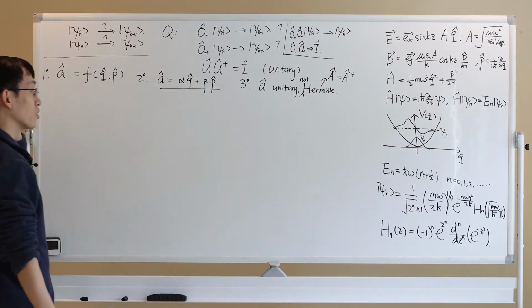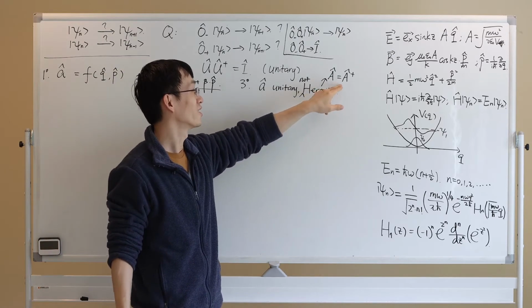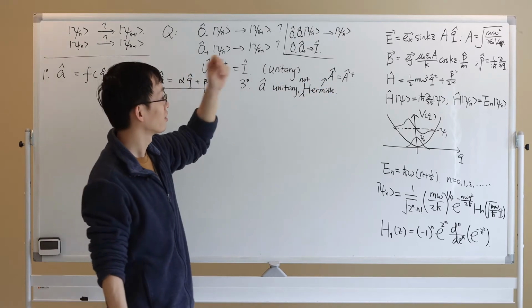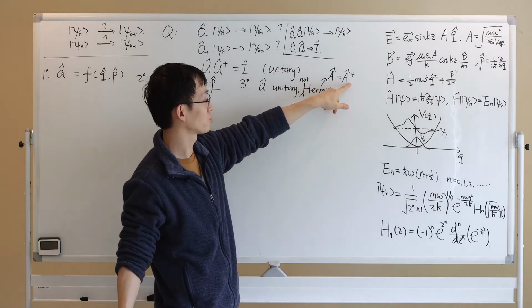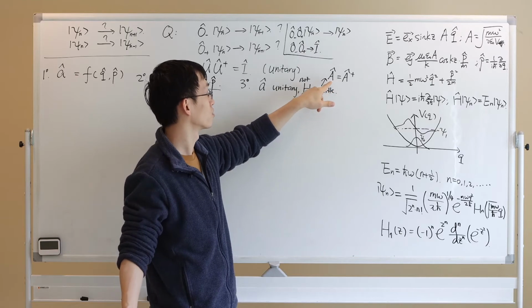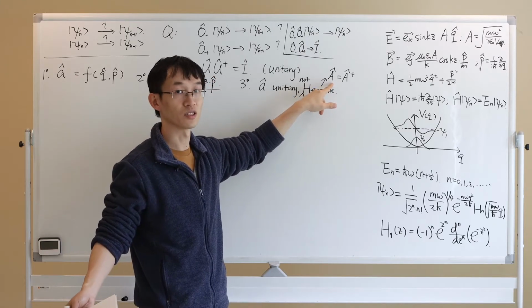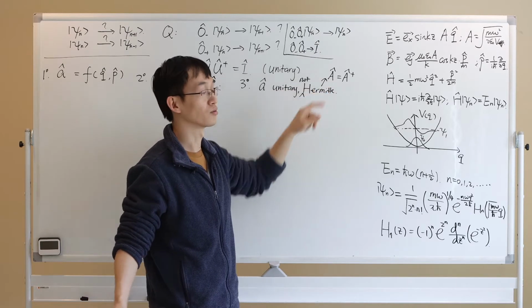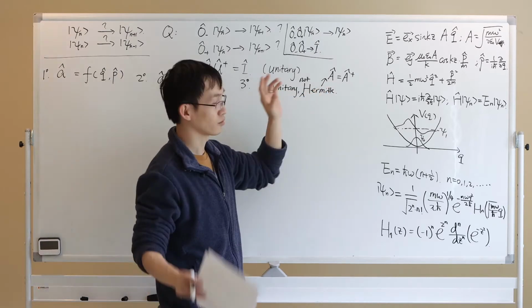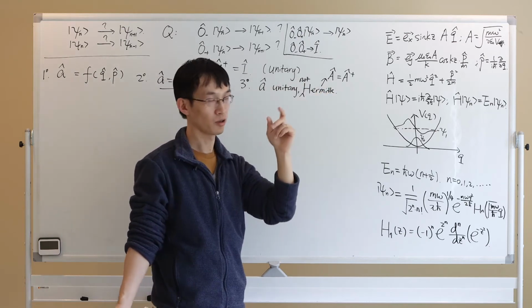And the Hermitian operator tells you something very interesting. You can think about it as a complex number: its conjugate equals itself, which means it's a real number. Of course, that's just an intuitive way to think about it. They are operators, so things are a little bit more complicated.